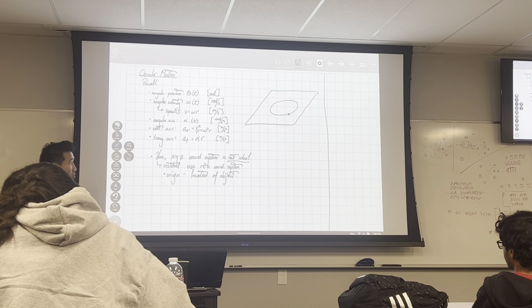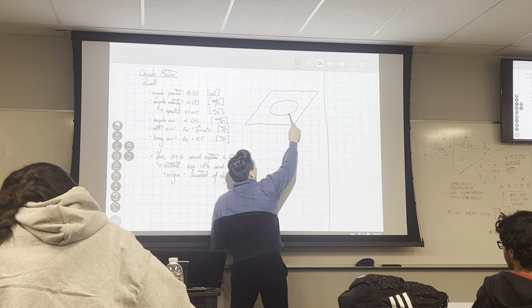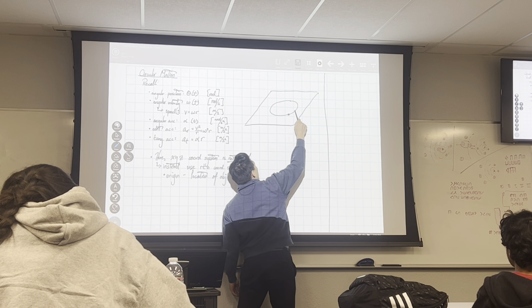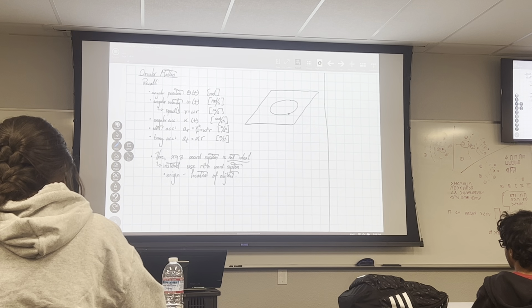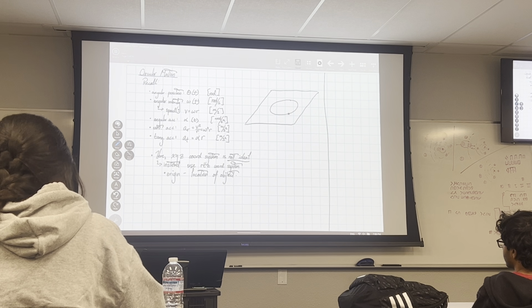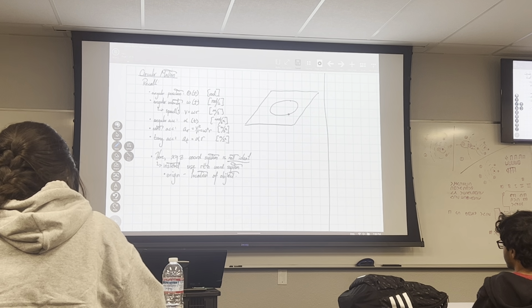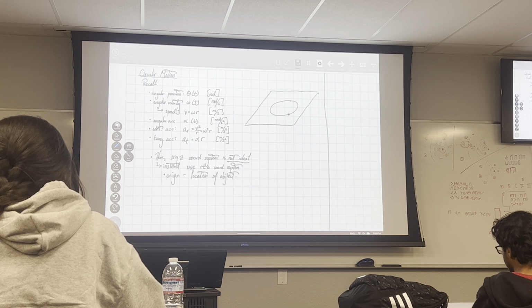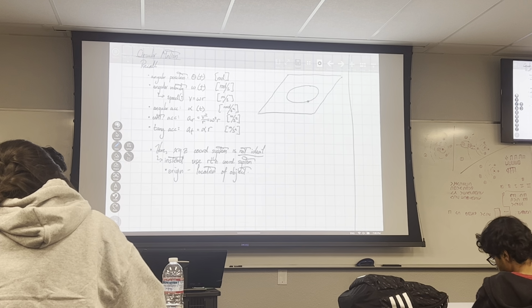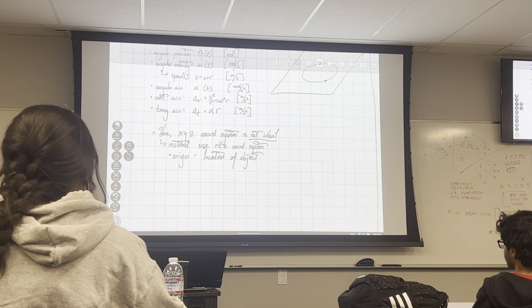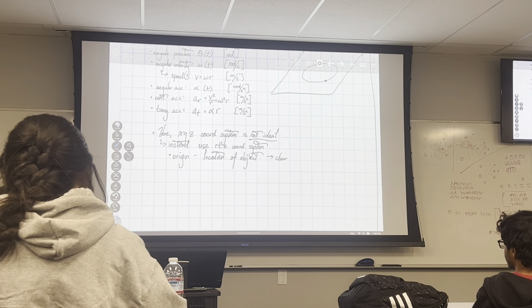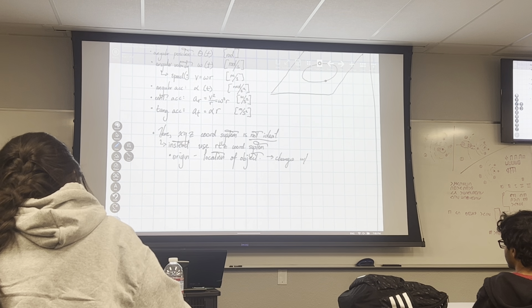So what this means is the object is going to be moving in a circle constantly throughout. If the origin is where the particle is, your origin is constantly going to change. Okay, so that's just one of the natural side effects. It is going to constantly change with time.